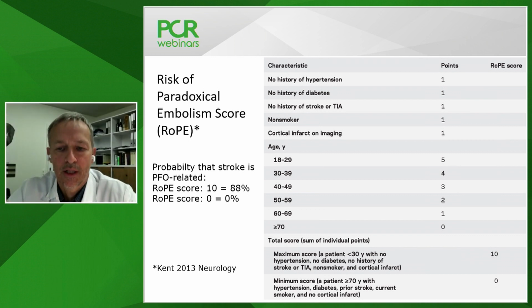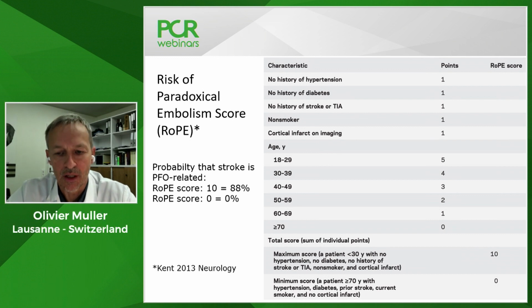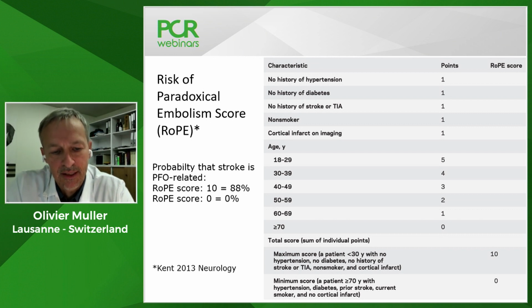So the ROPE score is indeed very helpful, and it can give you the idea that you solved the problem, because it can give you a percentage, and then you can advance in your clinical decision making. I would modulate a little bit the ROPE score.